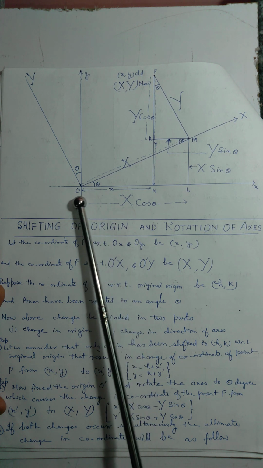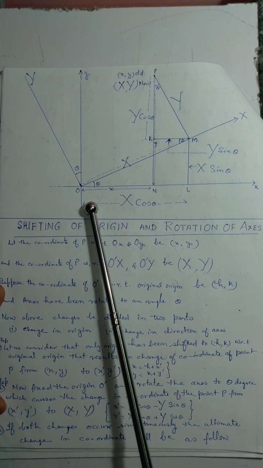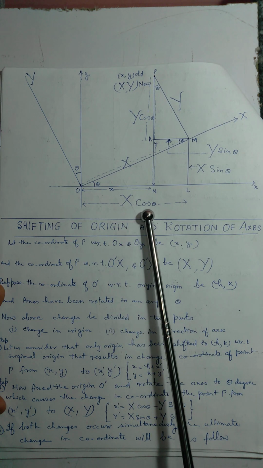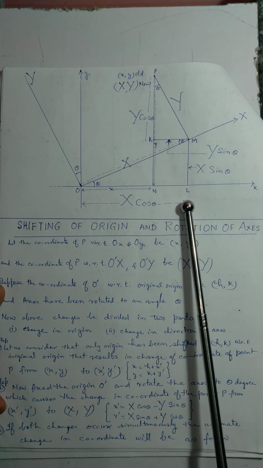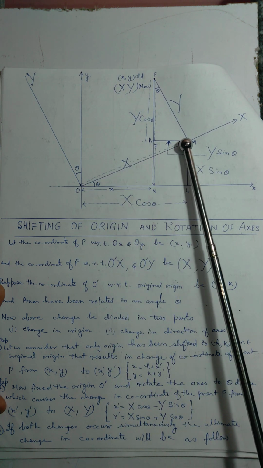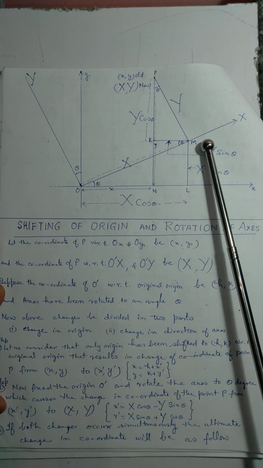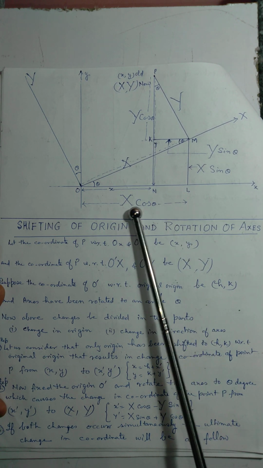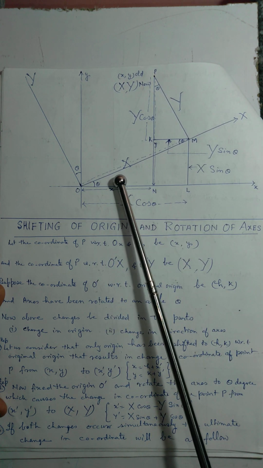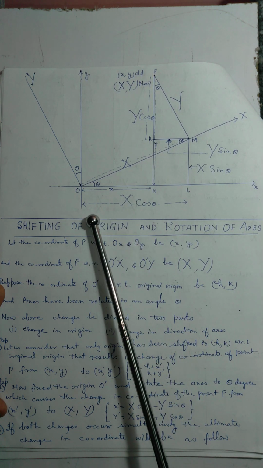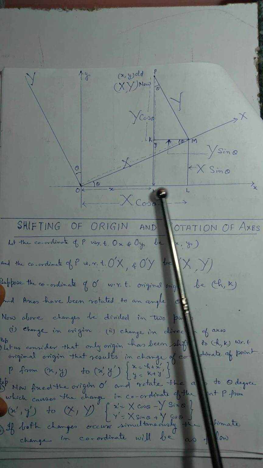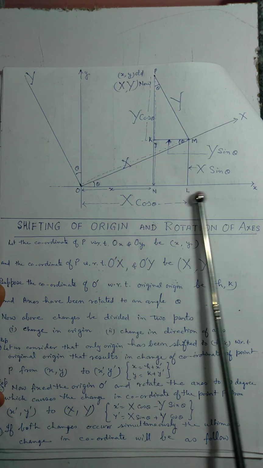This small x is ON, and your OL will be equal to capital X cos theta. OM is capital X, so this much is OL. OL can be solved here as X cos theta. So we have to subtract this much in order to find small x.